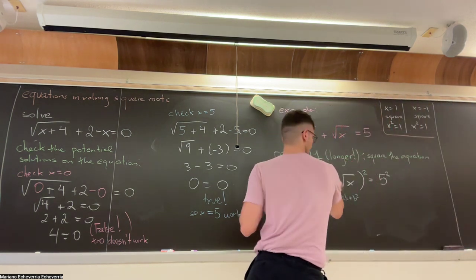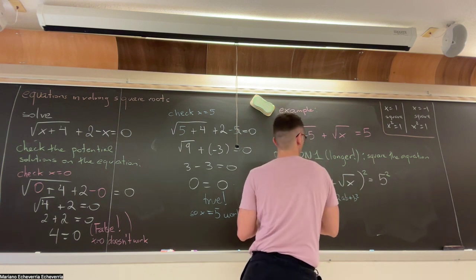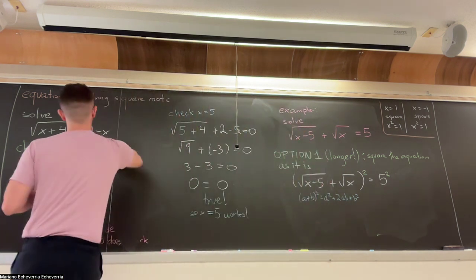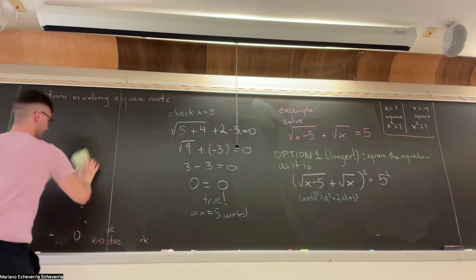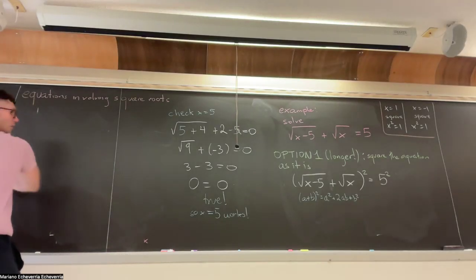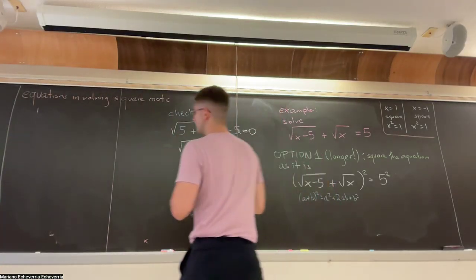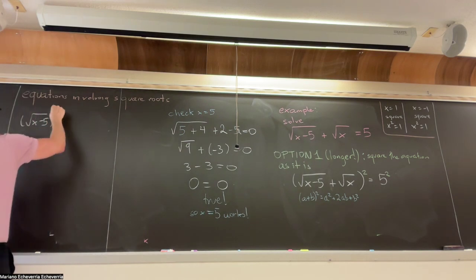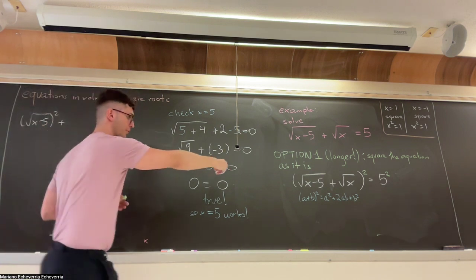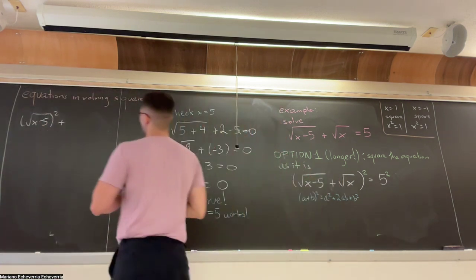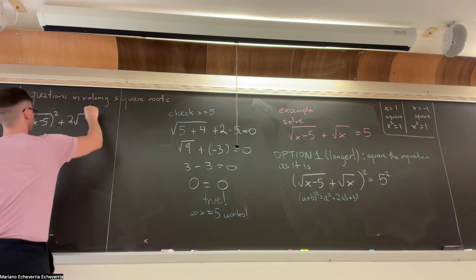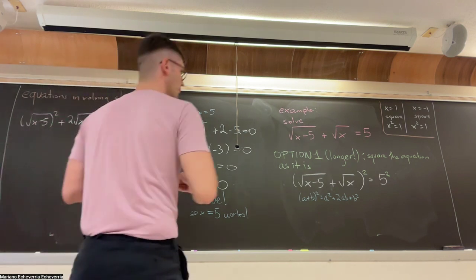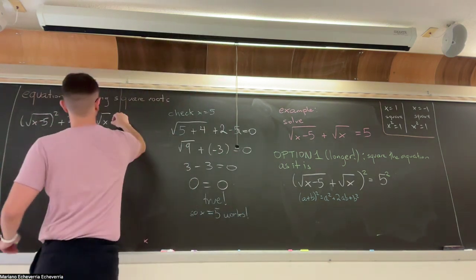Let me write everything carefully. Let me erase here to have more space. So you want to square the first term, root of x minus 5 squared, plus 2 times the product, so 2 times this times this, plus root of x squared.